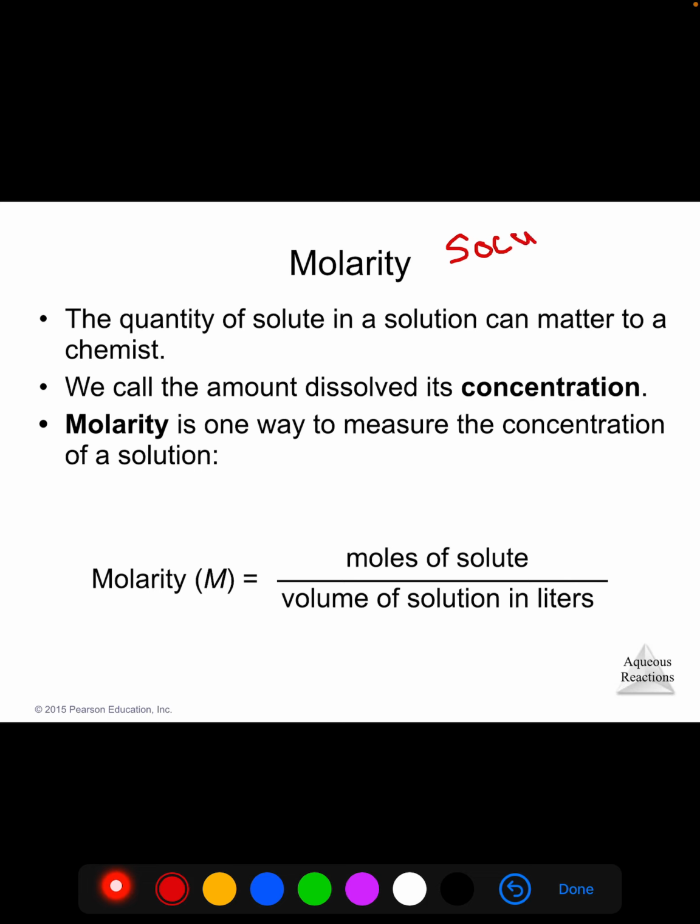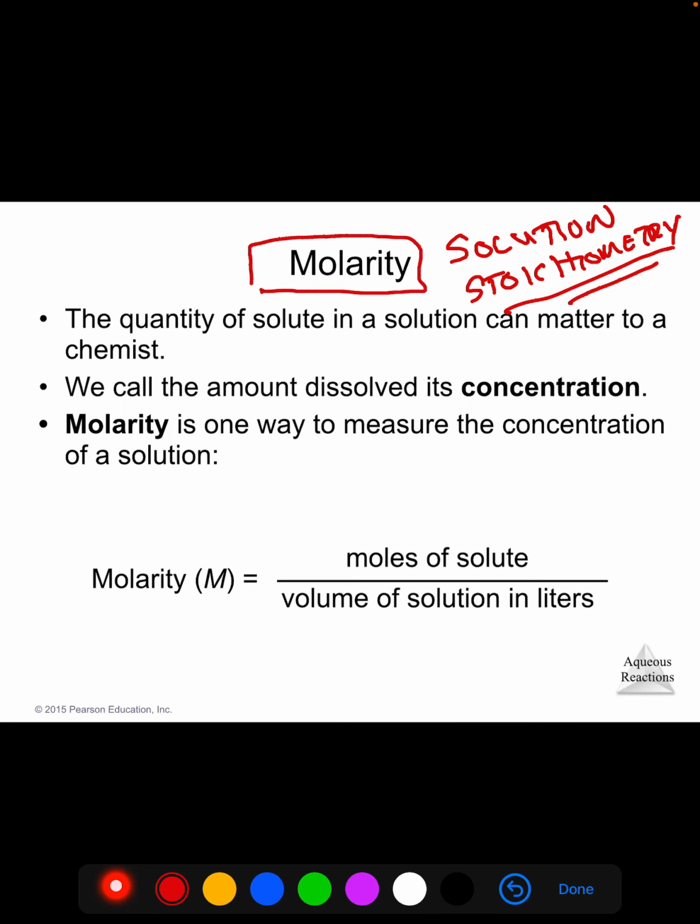So I'll continue in my Ridge Runner Red Solution Stoichiometry. Stoichiometry involves numbers, but remember, we're just balancing things out and watching our numbers. So we have this new concept, not moles, but molarity.